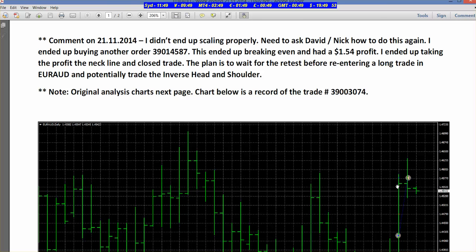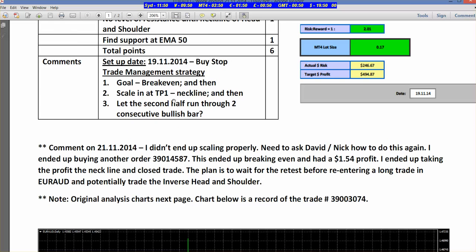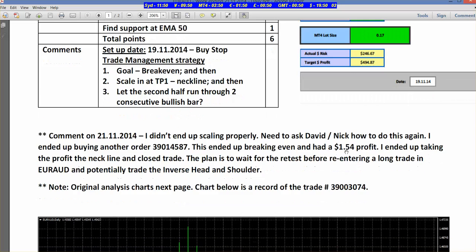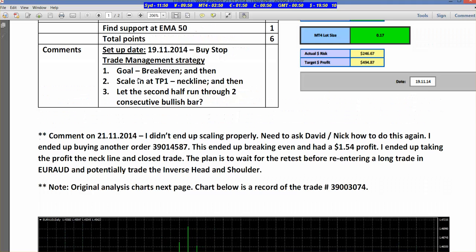Or did you just close out? I think you must have just closed out, because it should have closed you out on this bar by the look of it.